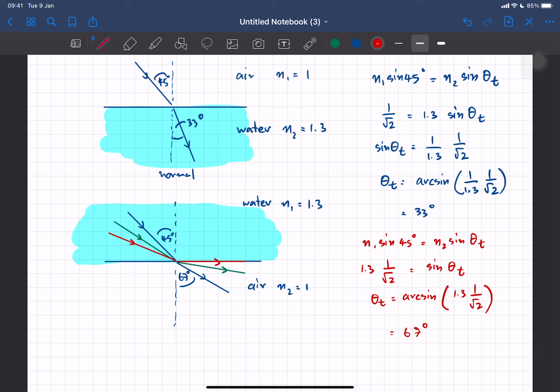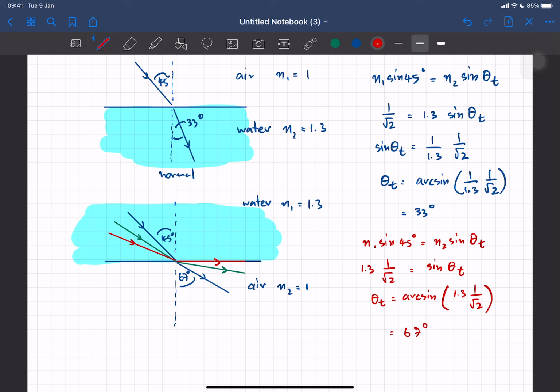But light cannot really travel along the interface between the two media like this, because light is the oscillation of electric field and magnetic field. And when it goes across from one medium to the other, it will have to change some properties.